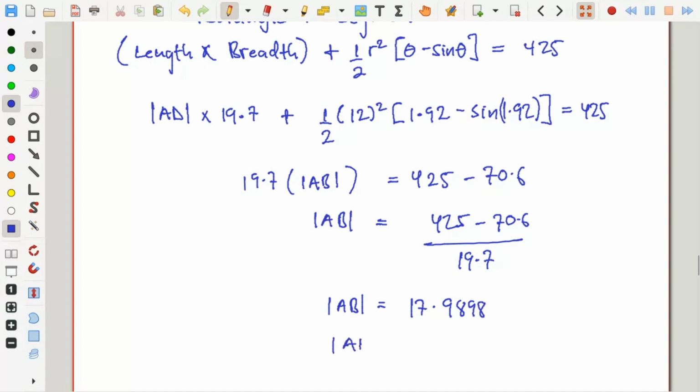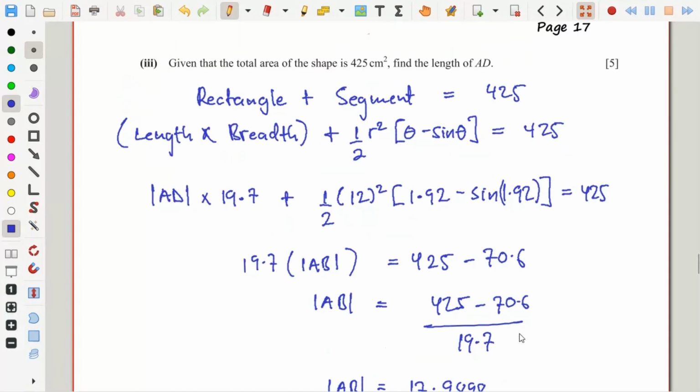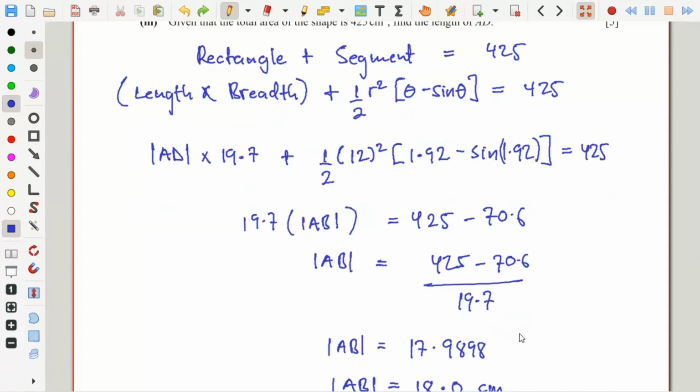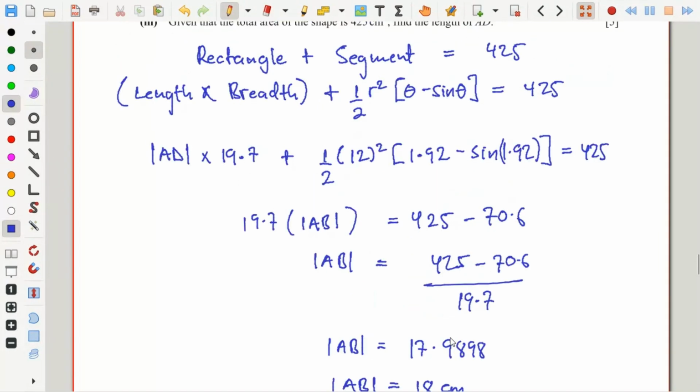And you know that we correct our answers to three significant figures. So here we are going to get 18. 18.0 or just 18. It's okay. Okay, so that's it. Sorry, that's length, right? Okay. So it's 18. 18 centimeters. That's it.